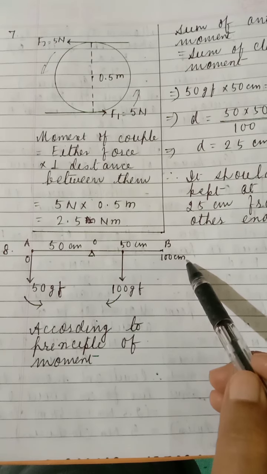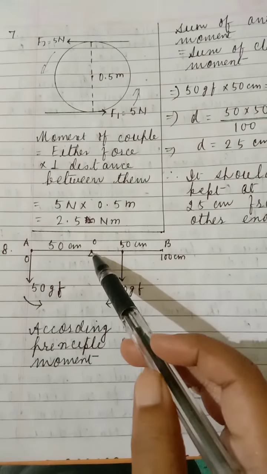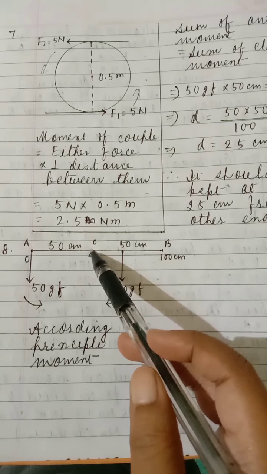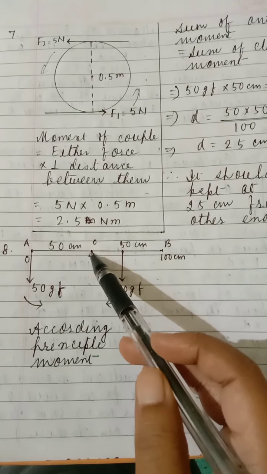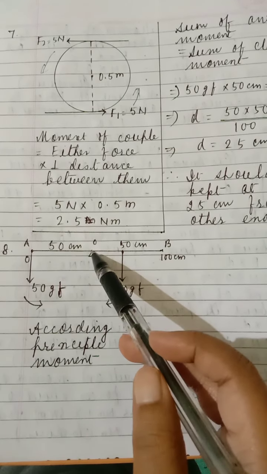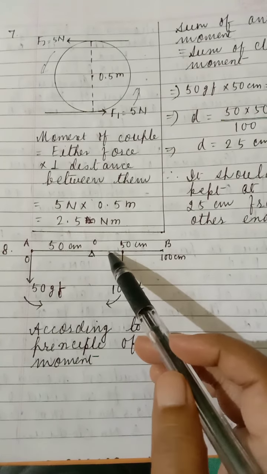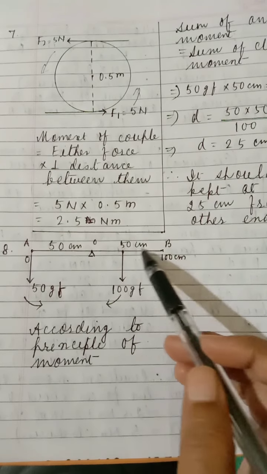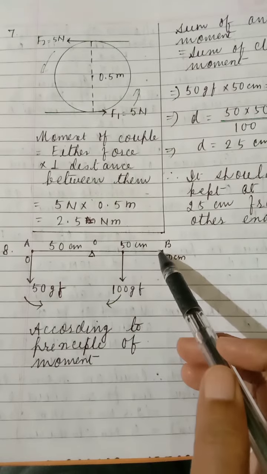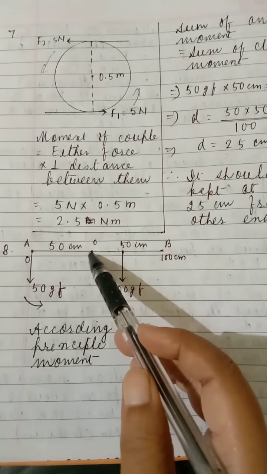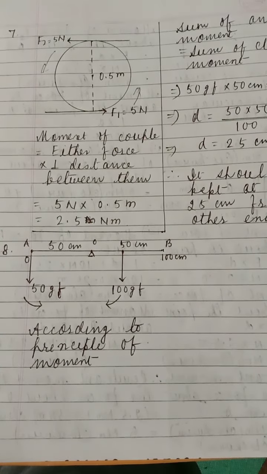It is pivoted at its midpoint, so this point is fixed. It is free to rotate about the point O. Since O is its midpoint, this side will be 50 centimeter and the other side will also be 50 centimeter.